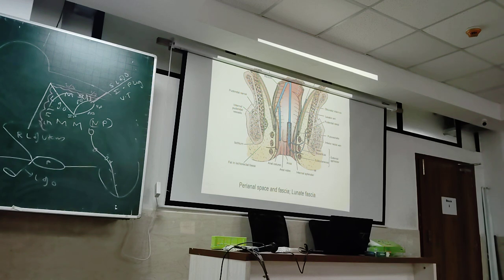The roof is formed by the sloping pelvic diaphragm and the fascia below the pelvic diaphragm, which is called the anal fascia. The floor, we already said, is formed by perianal fascia. However, the perianal fat has been divided into some superficial perianal fat and a deeper, loosely arranged ischioanal fat.